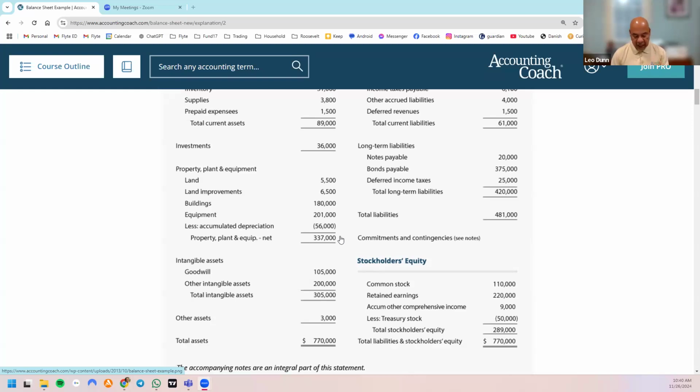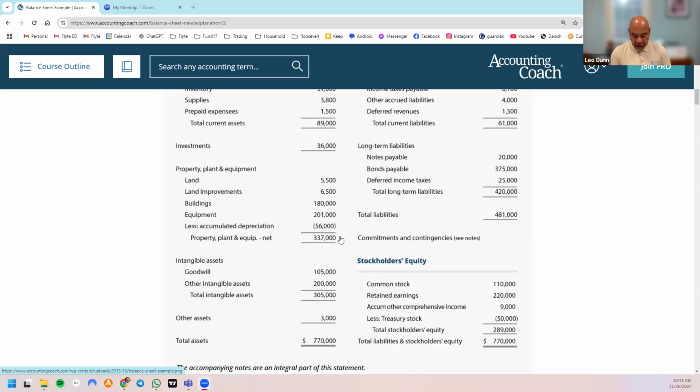At some point the value of the stock can increase, but it's again recorded at cost. So you could say individuals purchased this stock for $110,000. That does not mean that's the value of the stock at this given point.